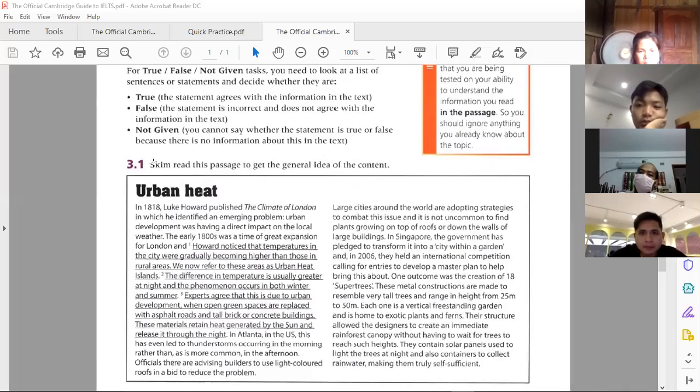So skim this short text for 1 minute and let's see how far you get. 1 minute, let's start. I'll time it. Remember skimming, so read very fast. Do not care about the unknown words.